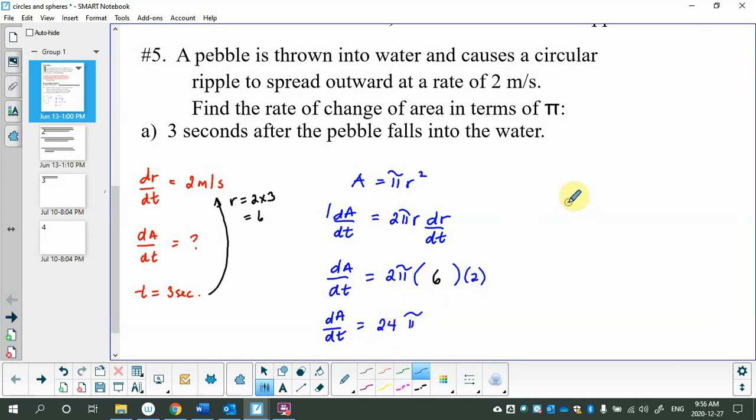And then we can write a therefore statement that says, therefore, the area is growing at 24 pi meters per second. Now you got to think about this for a second. Area is not meters, it's meters squared. So we have to make that little adjustment.